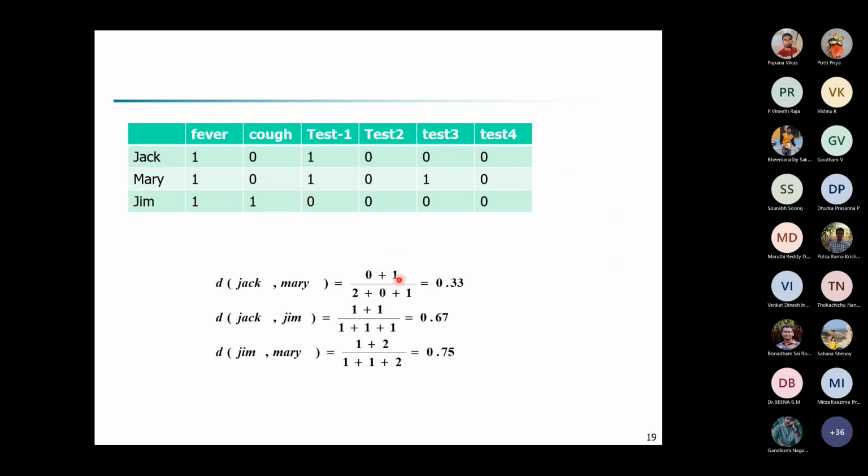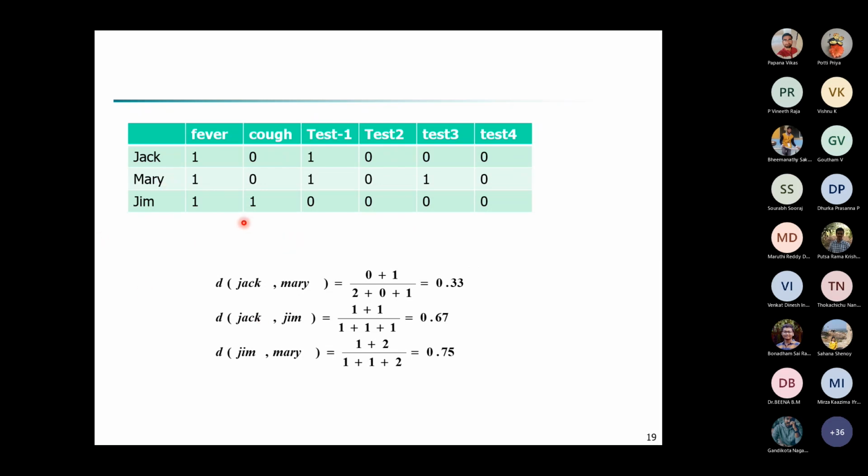Now for 0 1, we have one attribute with the 0 1 combination, so we write 1. Now what is this Q value? Wherever we have 1 1, how many attributes have 1 in Jack and 1 in Mary? That is 2 attributes, so we write 2. Now we find this value. Similarly, we find it for Jack, Jim, Mary, etc.